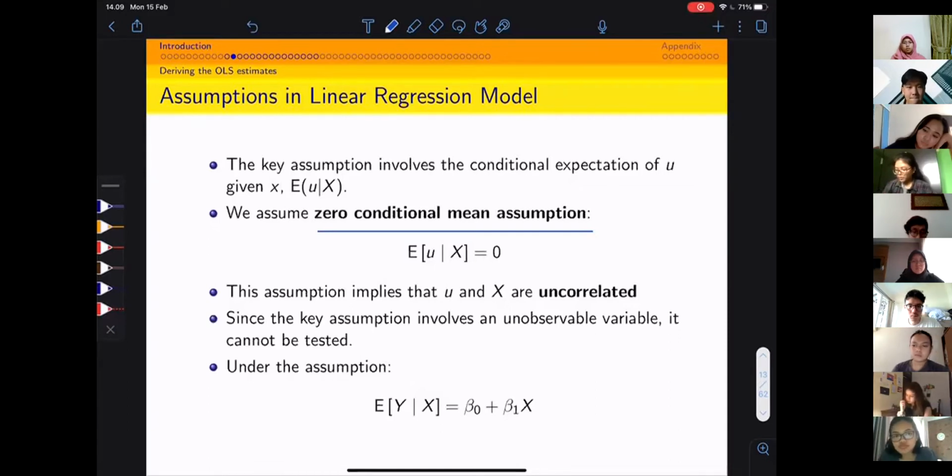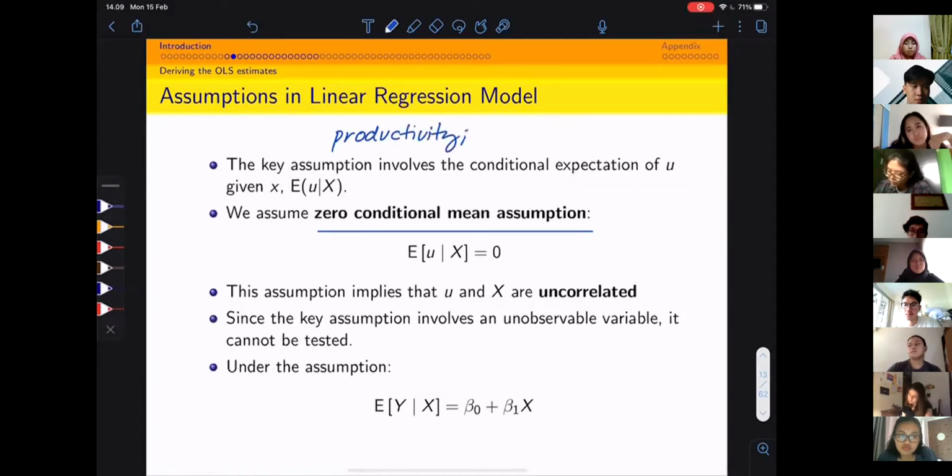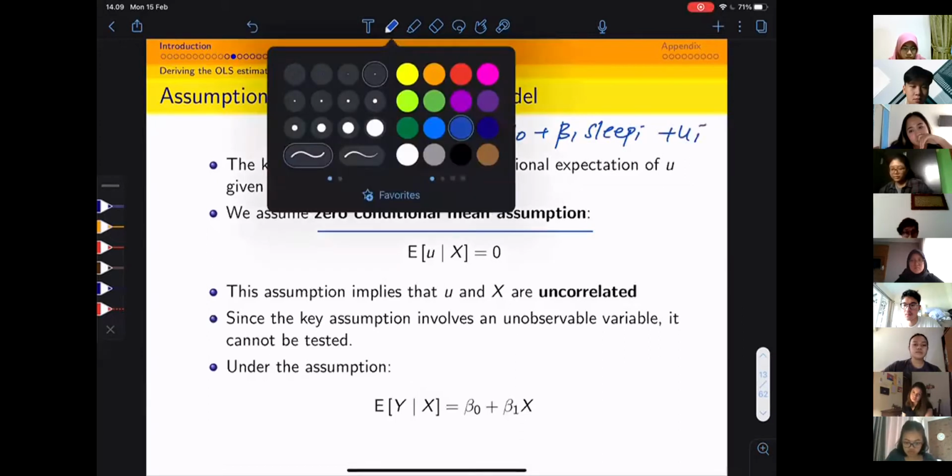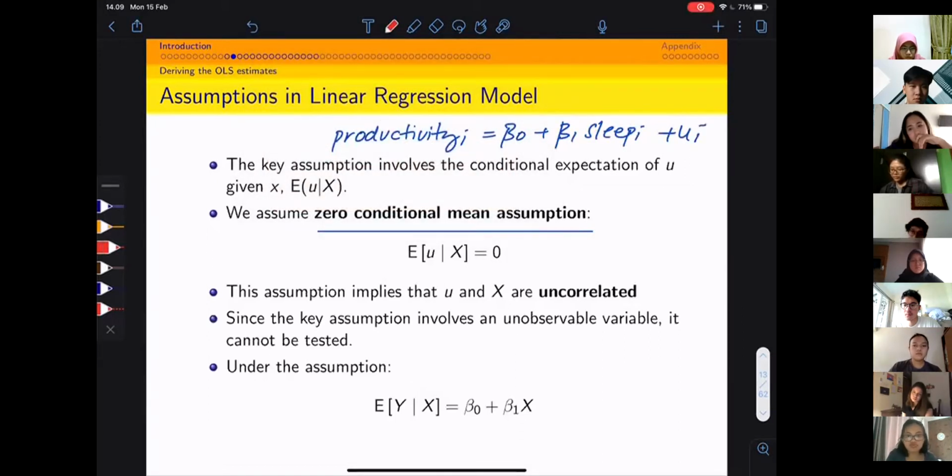Okay, so I'm just going to go back to the previous examples that were raised by the students. We're interested in looking at the effect of sleep on productivity. Here the key assumption is the zero conditional mean assumption.